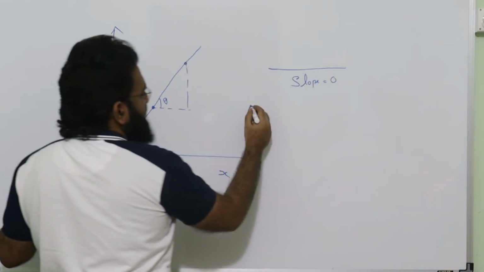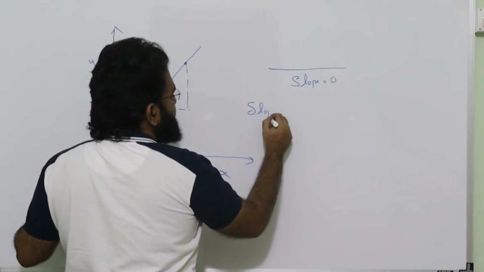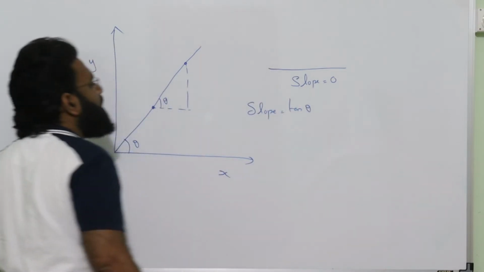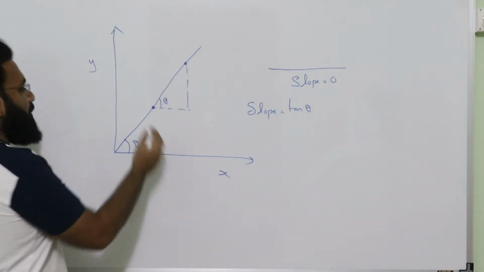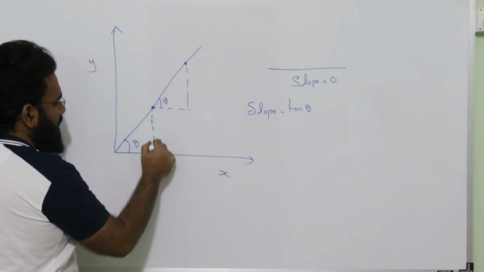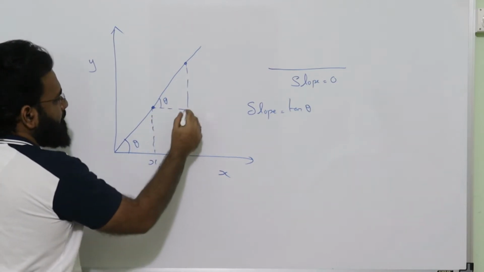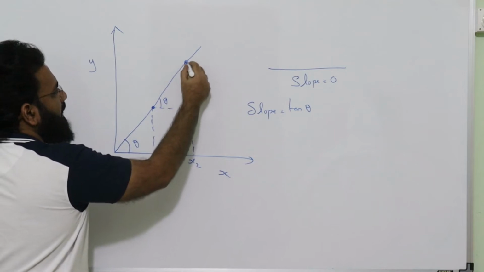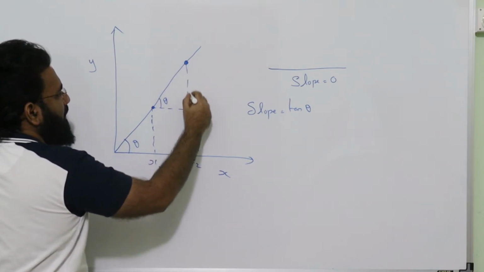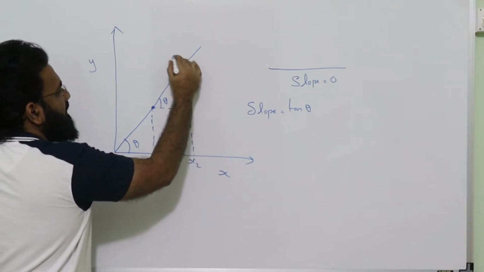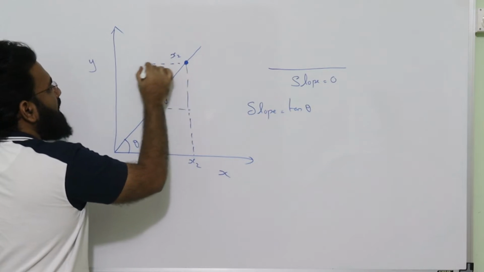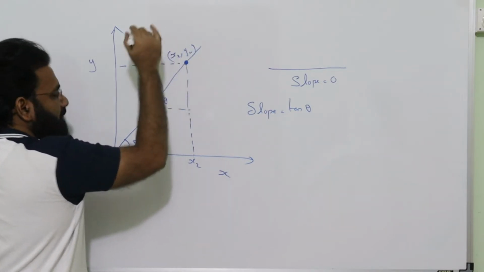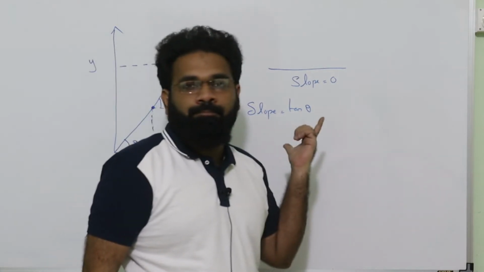Slope is what actually? Slope is tan theta. Suppose this is x1 and this is x2. If we take this point, its x-coordinate is x2 and its y-coordinate is y2. So this is the address of this point in this plane.